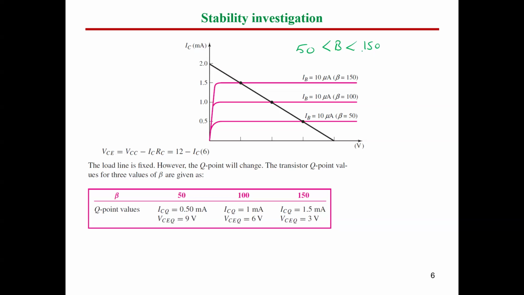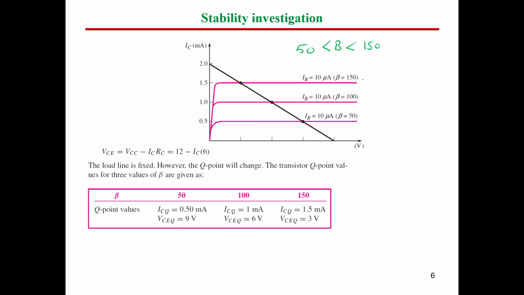We assume the base current IB is constant, 10 microampere, and investigate what will happen to the values of VCE and IC if the transistor gain beta varies between 50 and 150.